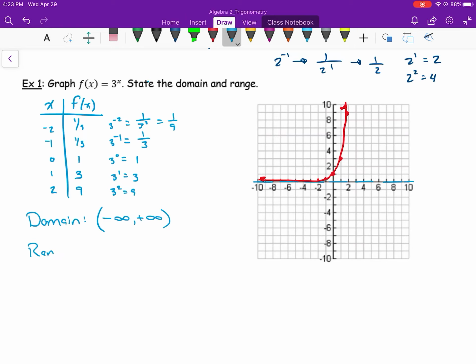Our range, this is the same for all exponential functions. And then our range, we go from 0, and the graph goes up to positive infinity. And there you go. Probably one of the easiest things we've graphed so far.